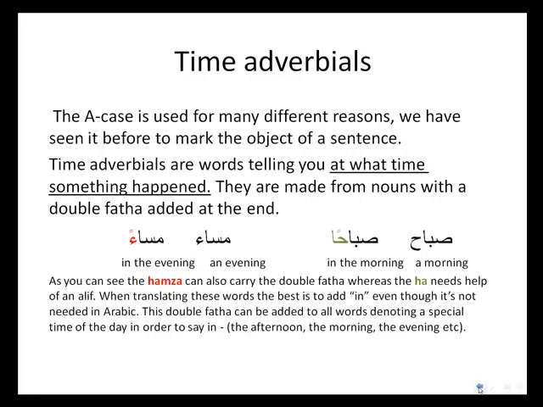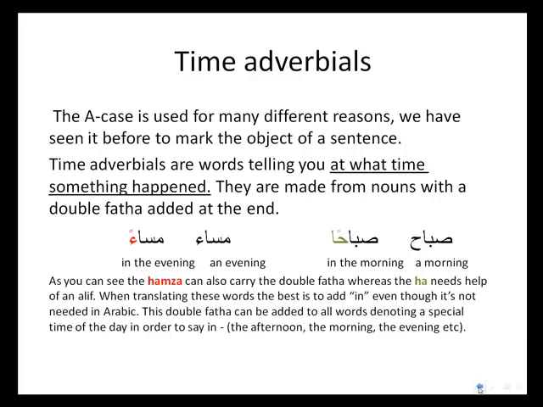Time adverbials are formed by nouns denoting a special time of the day, for example, morning, evening, afternoon, night, and so on. And from this normal noun, like a morning, an evening, an afternoon, you add the double fatha at the end, tanween fatha, and all of a sudden you have a time adverbial.